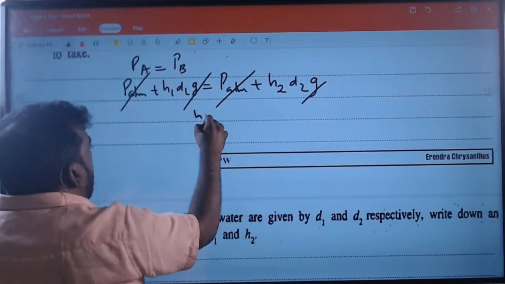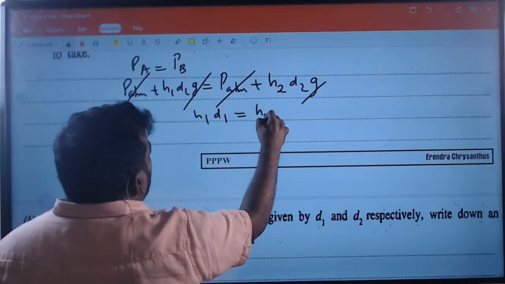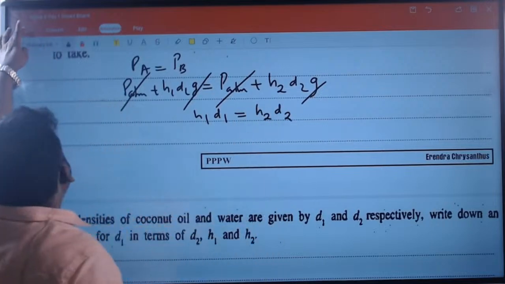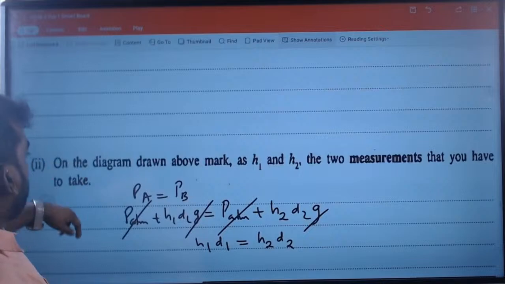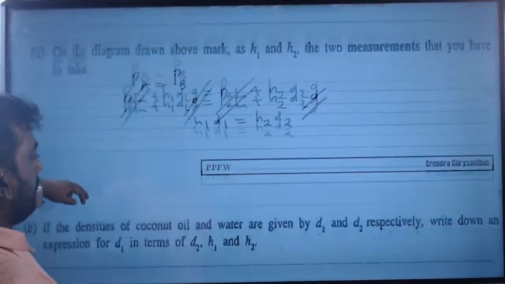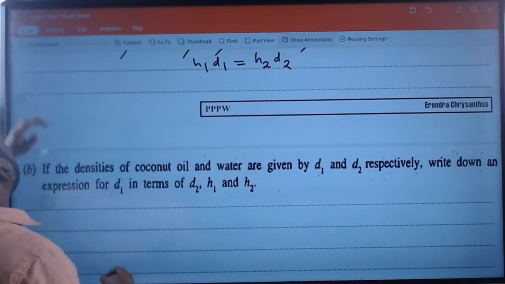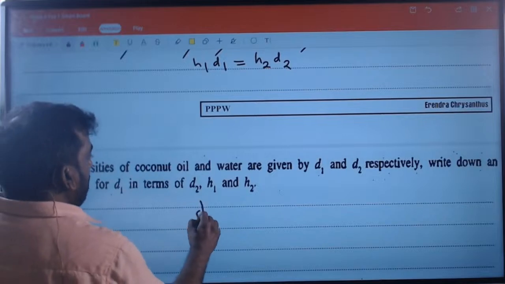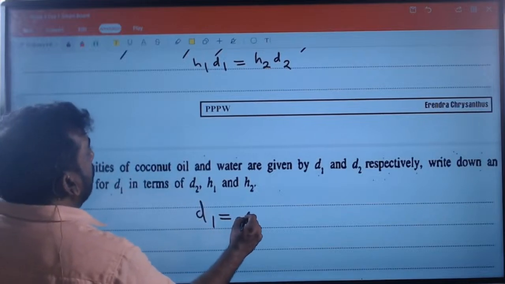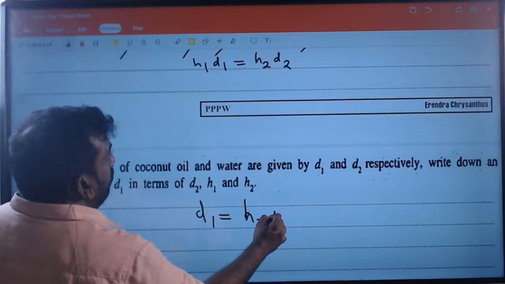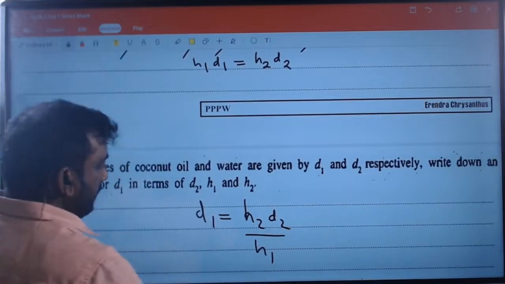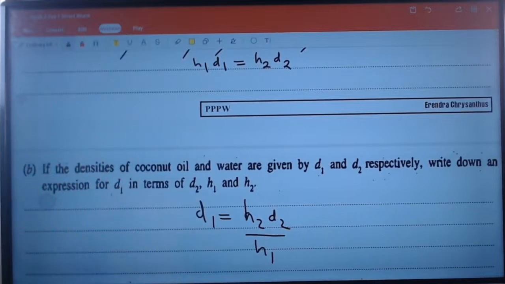H1 D1 equals H2 D2. What do they want? They want to find D1 in terms of D2, right? D1 equals H2 D2 over H1, correct?